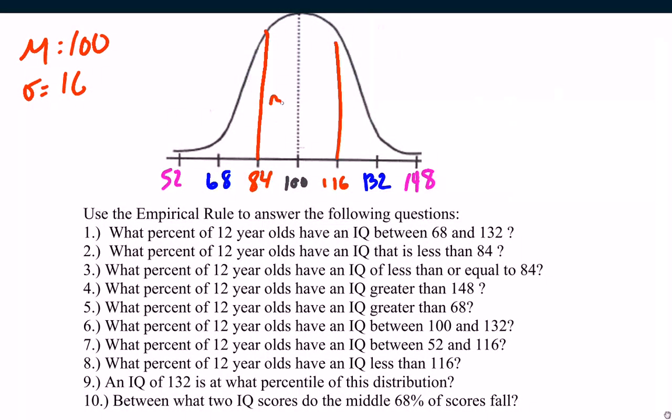And then I think in the middle I have 68, so that's 34, 34. Then I go to 13.5. And then I go to 2.35.